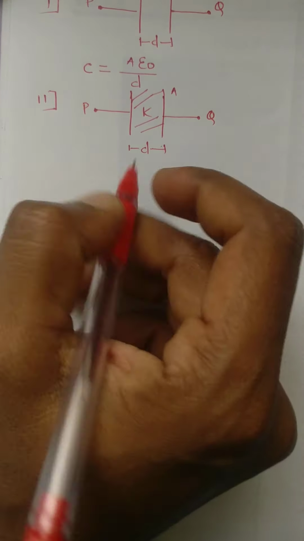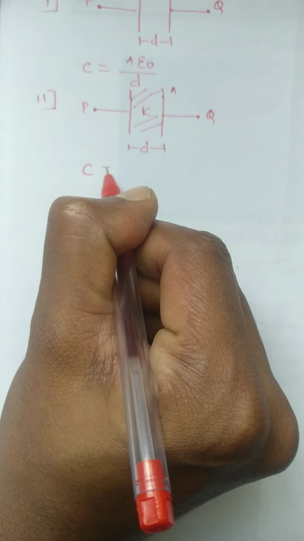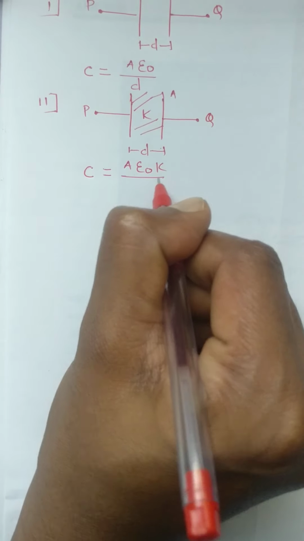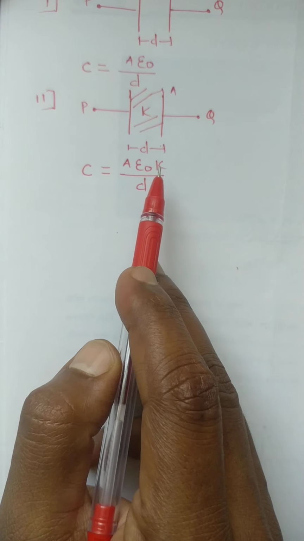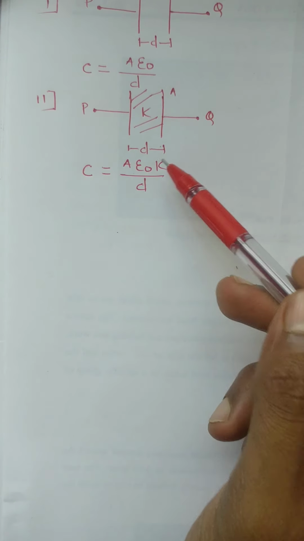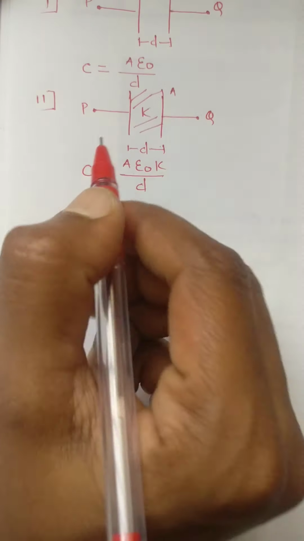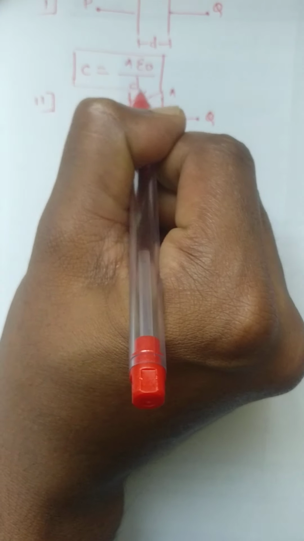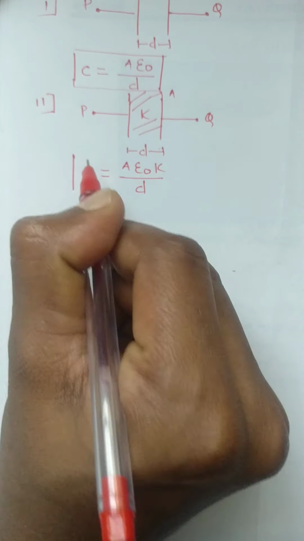For this case, the capacitance C is A epsilon naught K by D. Due to this dielectric K, this is the change in the formula. We all know this, there is no problem with the first and second points.